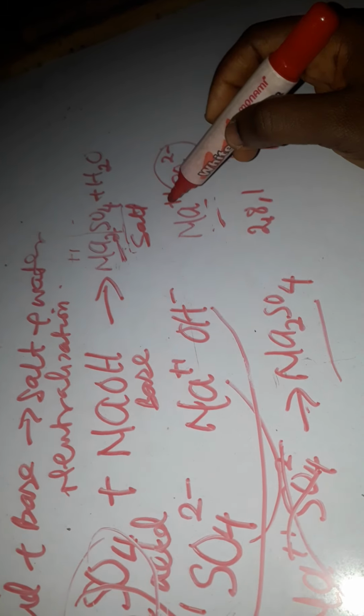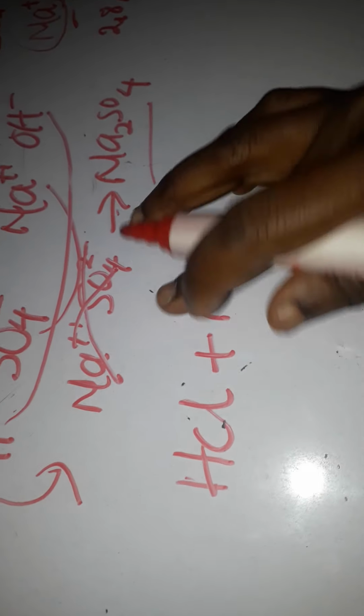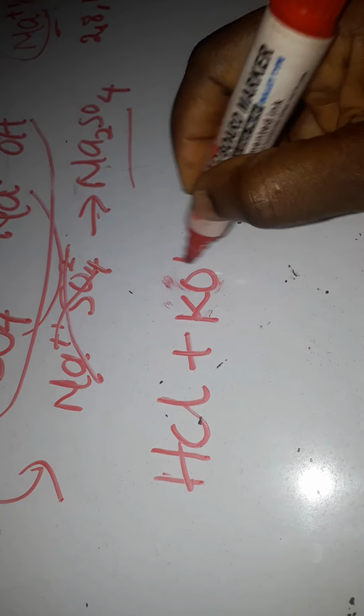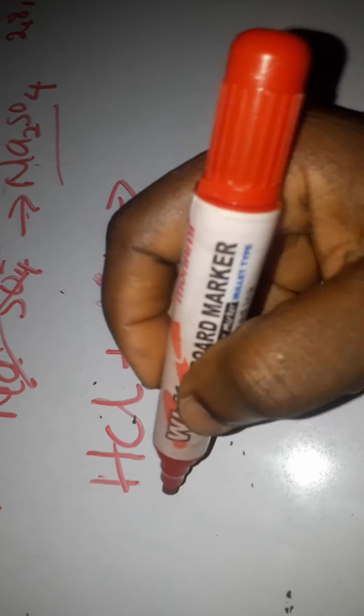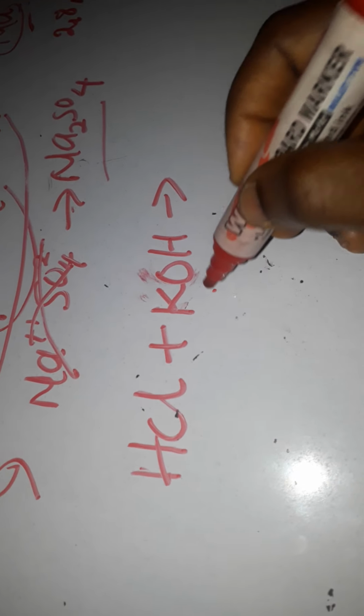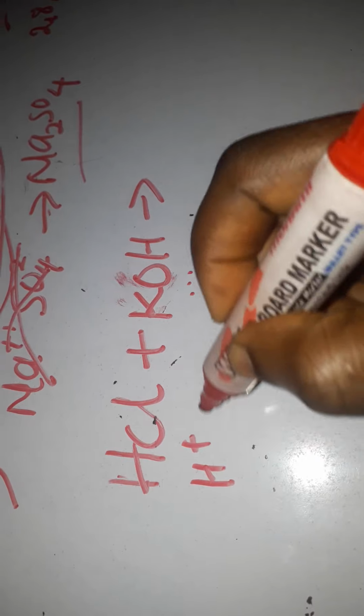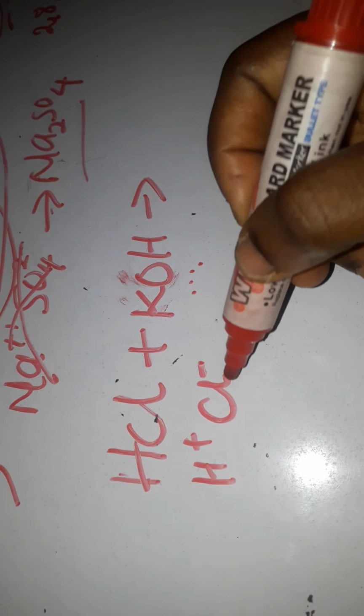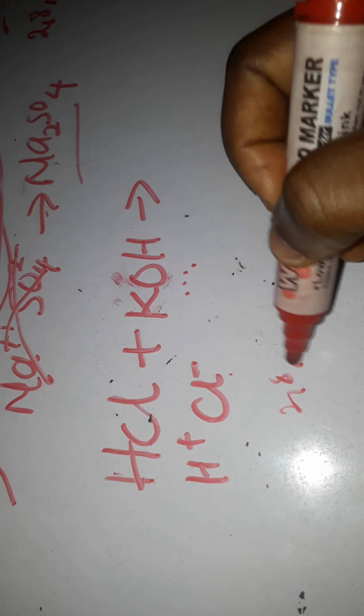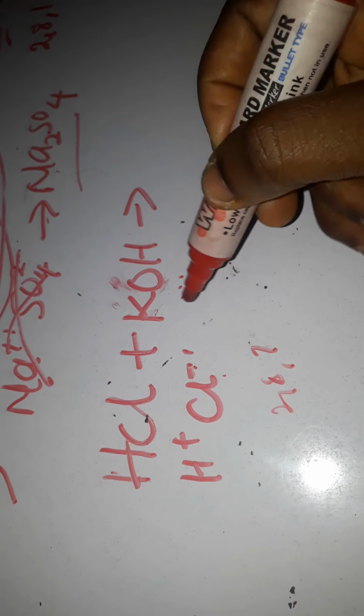A salt is made up of a metal and a negative radical. What are other examples of salts? Let me give you one here. When hydrochloric acid reacts with potassium hydroxide, which is a strong base, we get a salt. Chlorine is 17, with electron arrangement 2,8,7. It gains 1 to become -1.